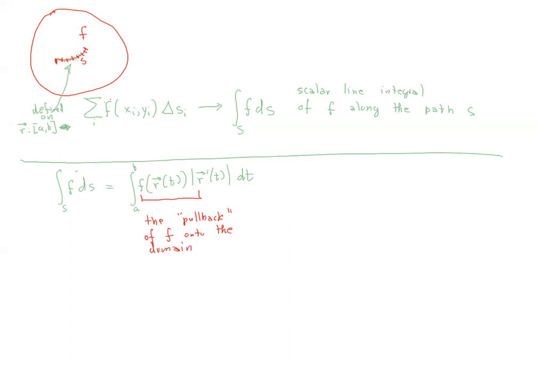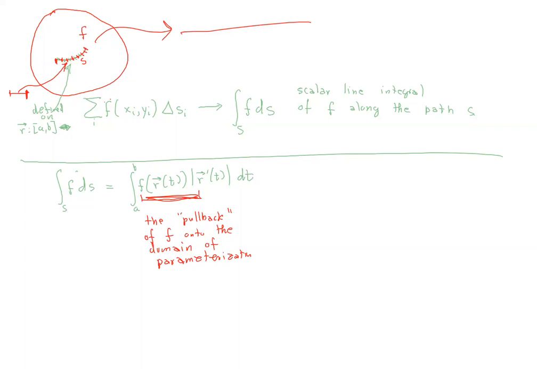Because if you think about it, you have an interval and you map it into that domain, and then the function is defined and goes to R. So if you take the composite of these two things, then you get the function that we have here.